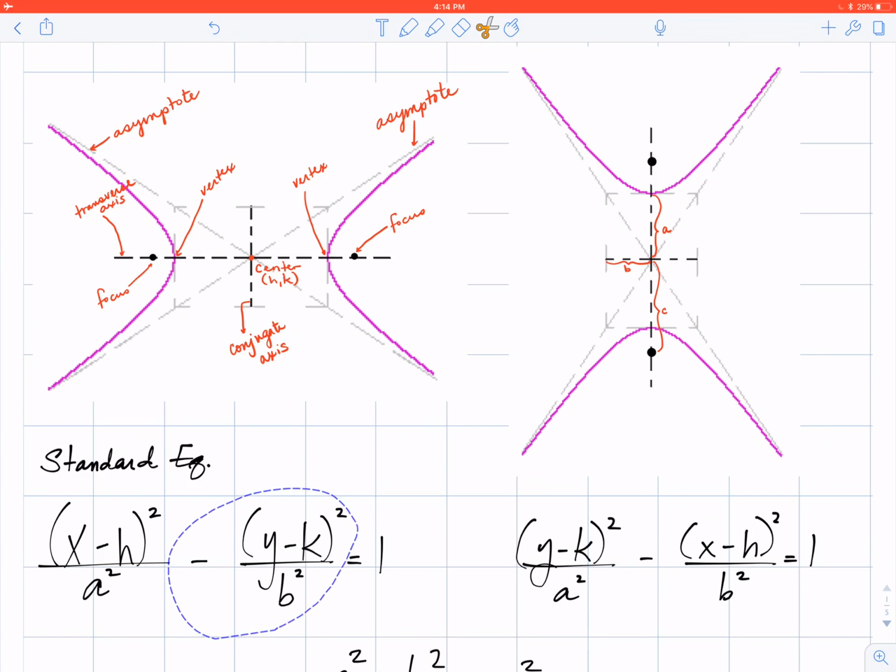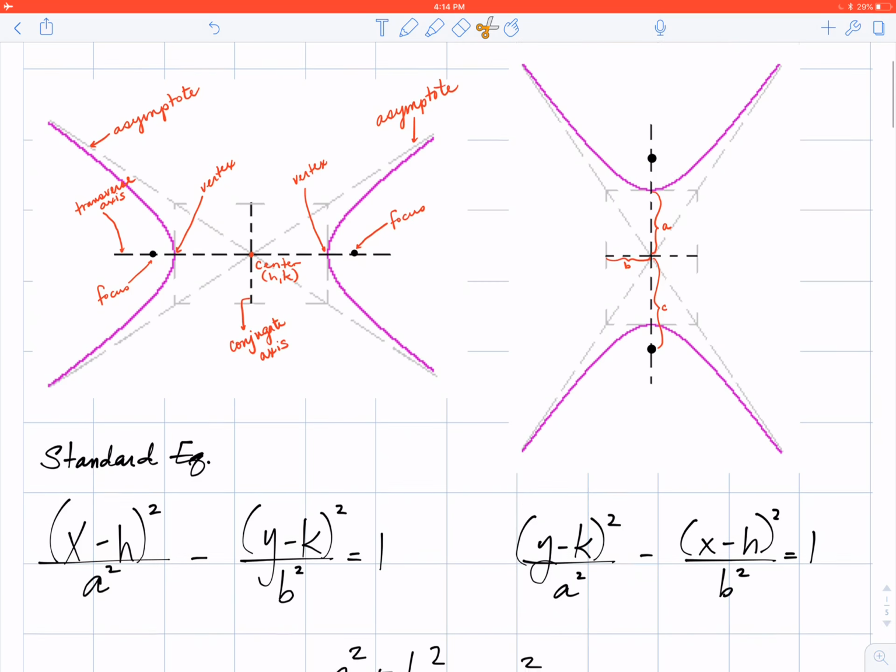It's the positive term that determines the opening direction. So you'll notice since my x's are positive, my hyperbola is opening along the x's. It's opening horizontally. In the other example, my y's are the positive term, so my hyperbola opens vertically. It opens along the y direction, up and down.